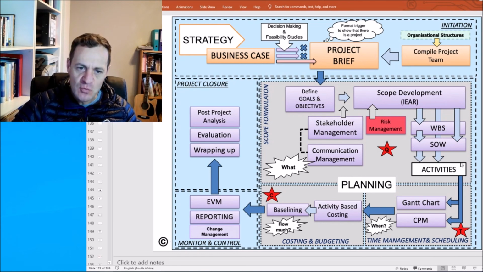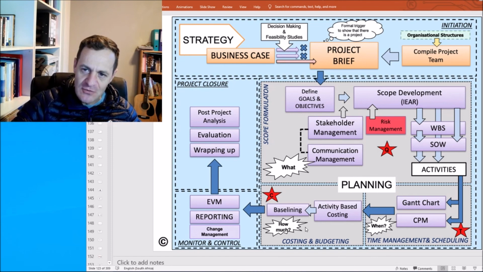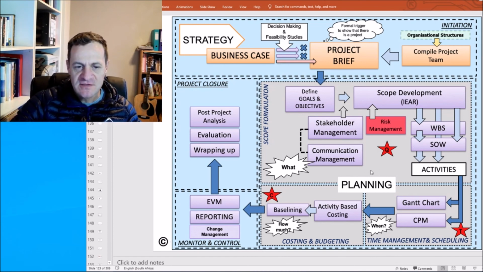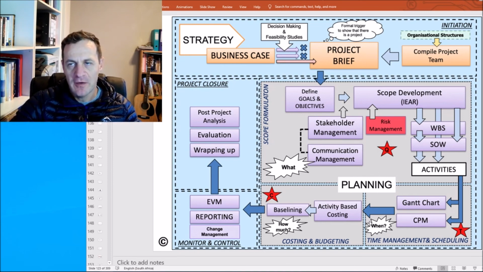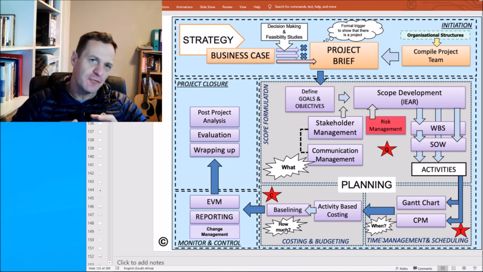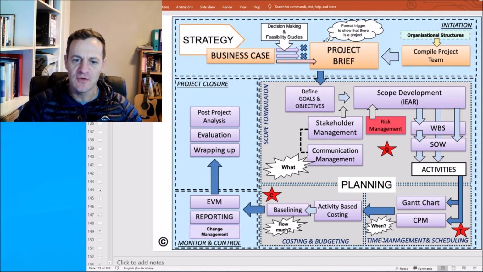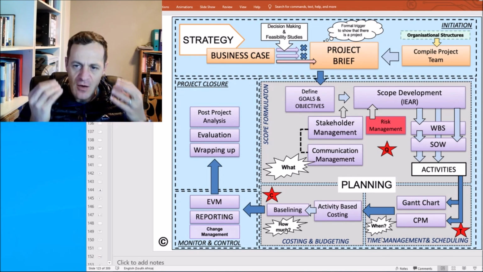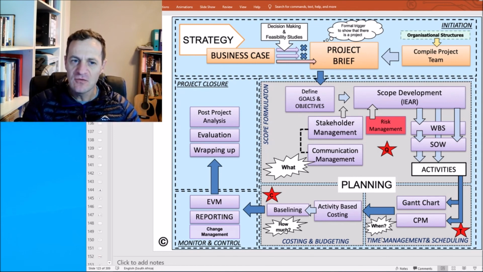So a lot of this work might have been done there already, or even some costing, or even some scheduling, or even some stakeholder management could have happened there already. So remember, this is just a nice flow to put these, if we do project management training, if we execute projects, so that you know where you are, and that you know in which blocks all the stuff that we talk about fits.